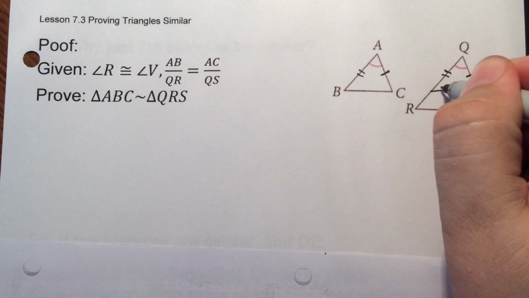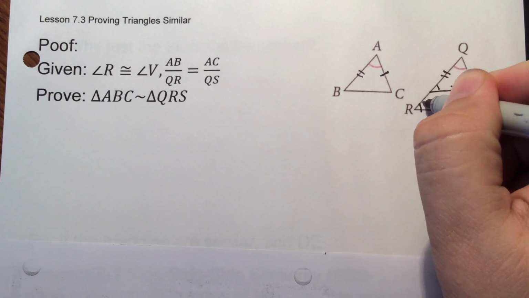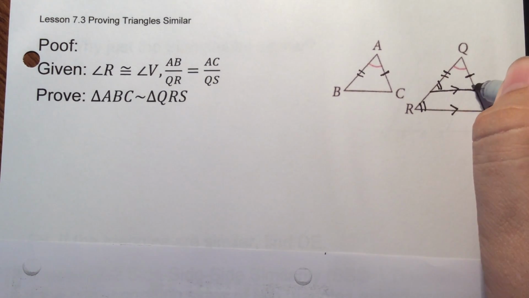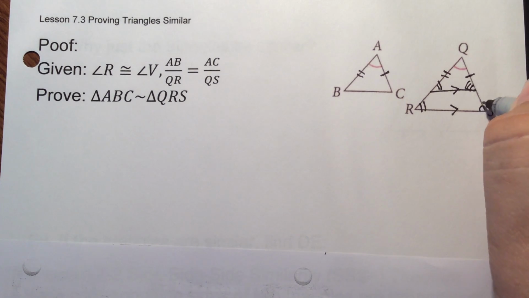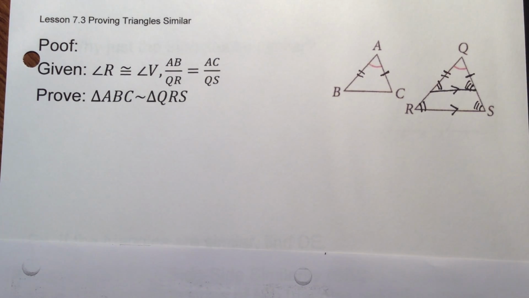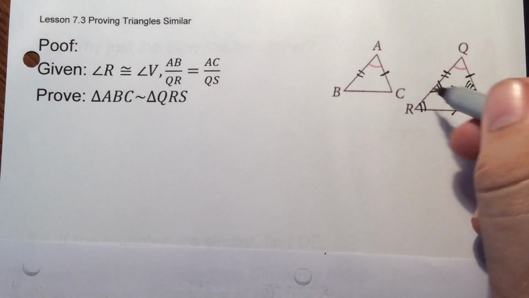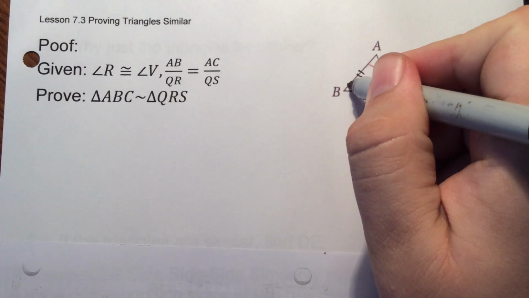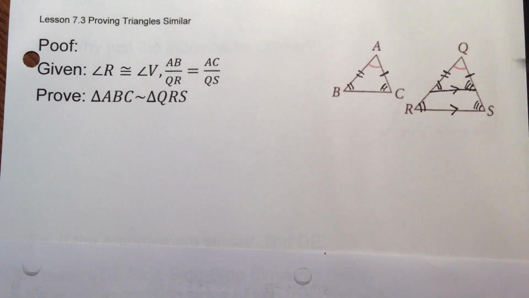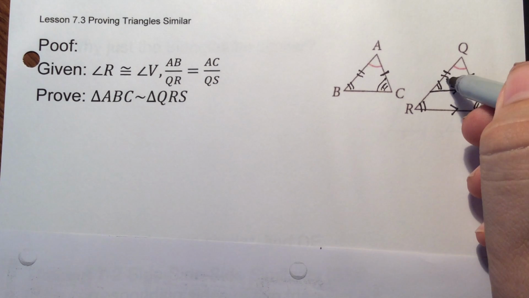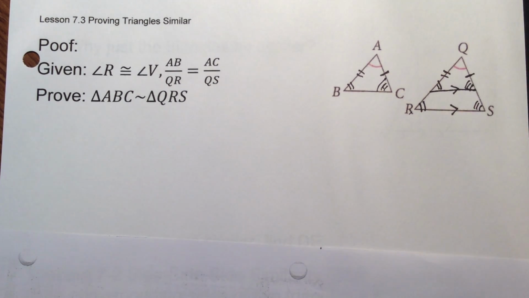Well, if these are congruent, these would be corresponding, and these here would be corresponding as well. So you would have three sets of angles. If I mark those, this is the double, this is the triple. So you have your three sets of angles, and then if these are the same, these would be similar.